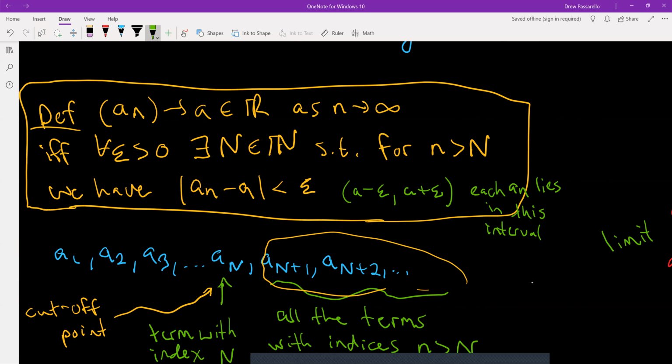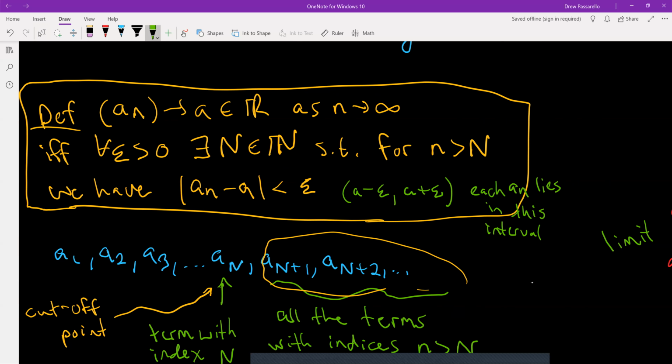So in other words, a_n converges to the limit a if and only if for all confidence values epsilon greater than 0, I can find a value for the index such that for all indices beyond this particular value of the index, we have the nth terms within an epsilon distance of a. All right, that's what that translates into.